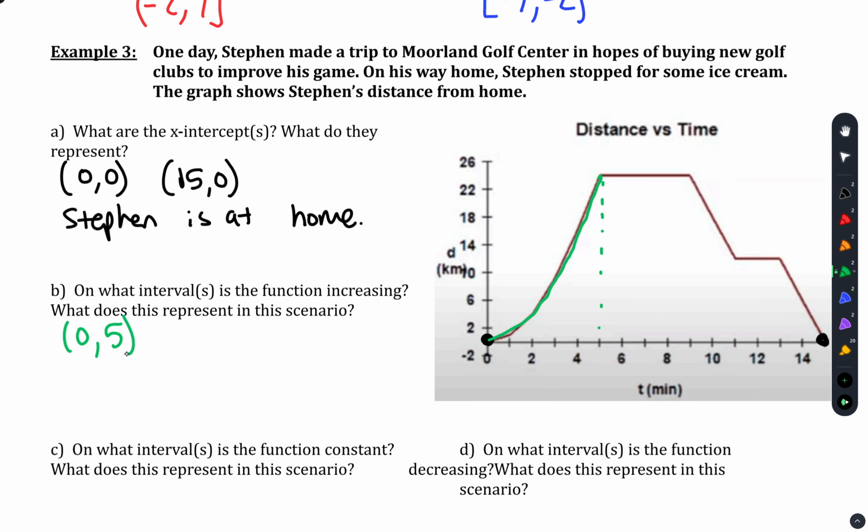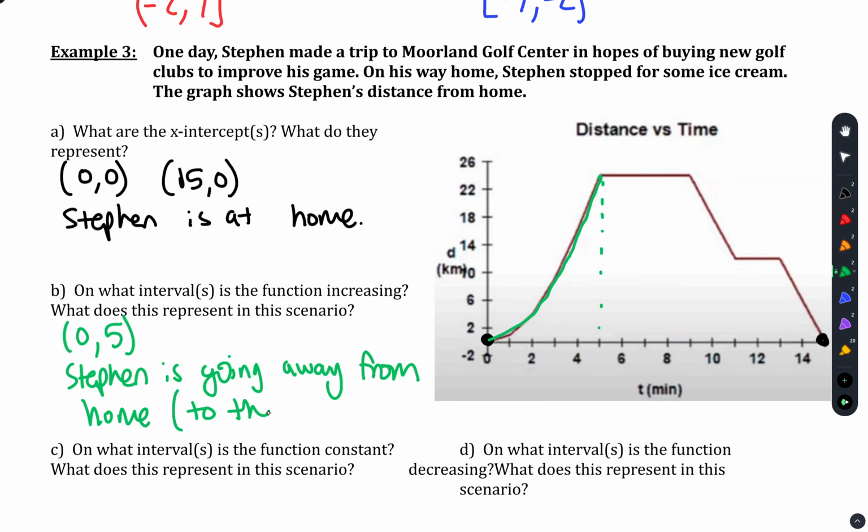Where is he going? Well, I'm just talking about this increasing part. Is he going towards home? Is he going away from home? What's he doing? He's going away from home. In this specific case, he is going to the golf center.